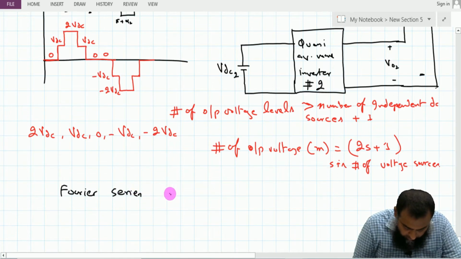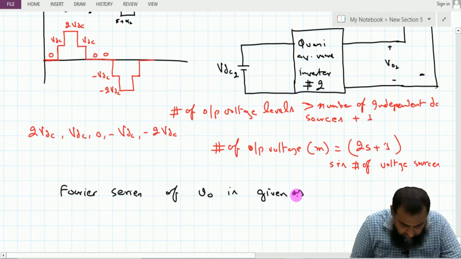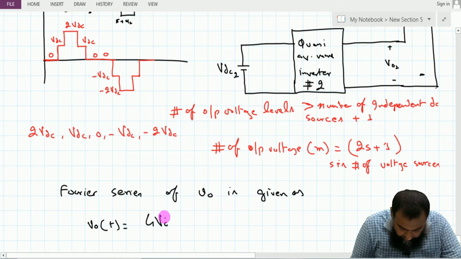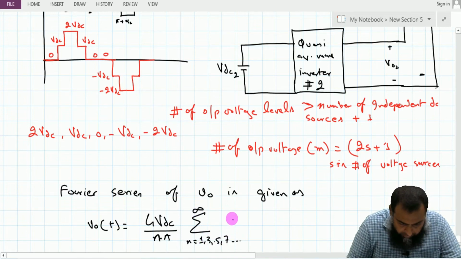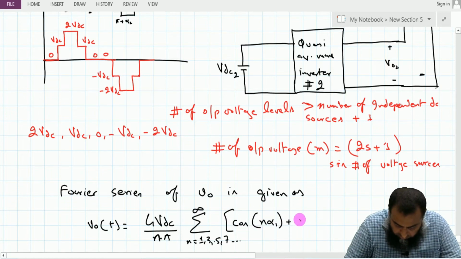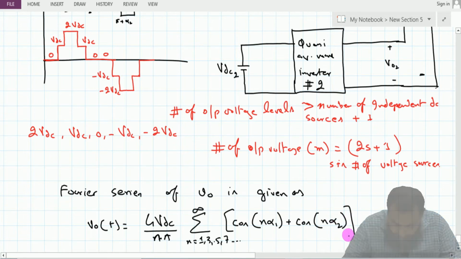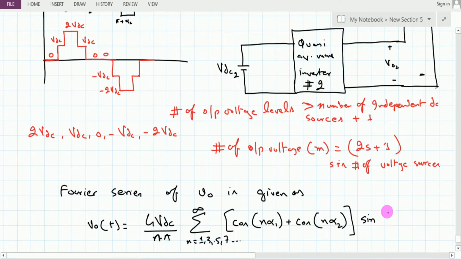If we perform the Fourier analysis, the Fourier series of V naught is given as follows: V naught of t is equal to 4 VDC over n pi, and we have only the odd harmonics, n equals 1, 3, 5, 7 up to infinity, times cosine n alpha 1 plus cosine n alpha 2, into sine n omega naught t, over n.